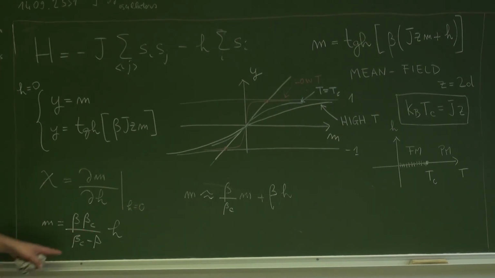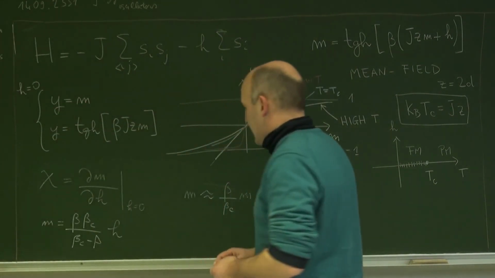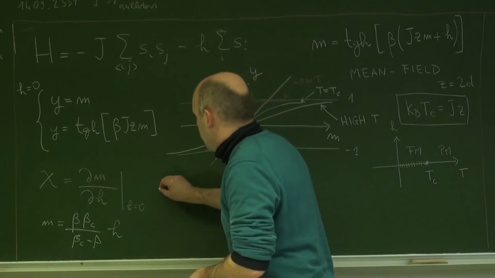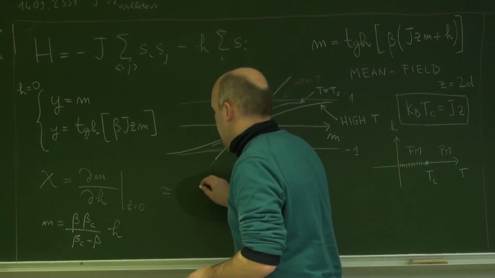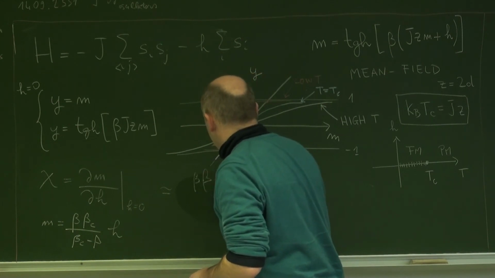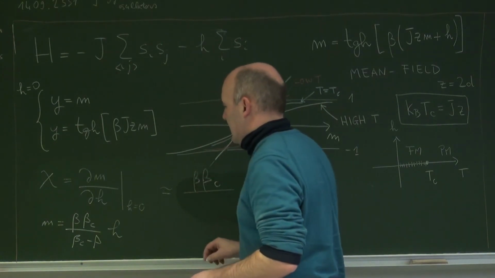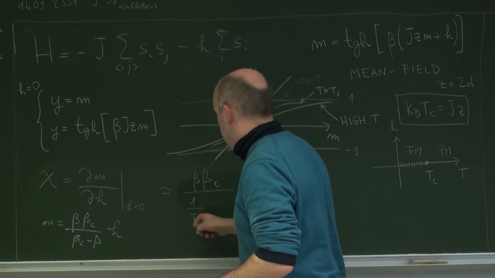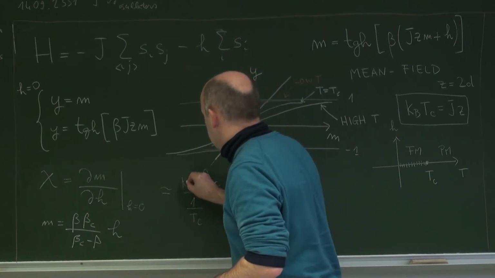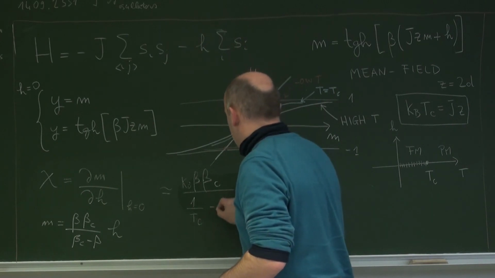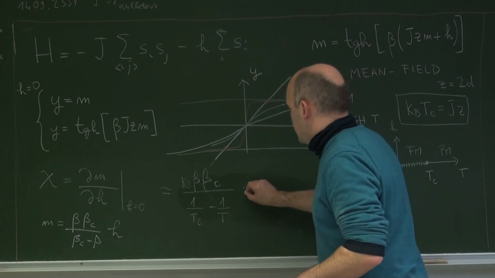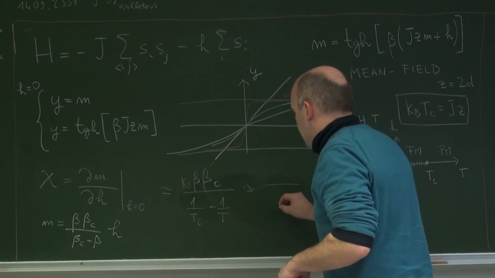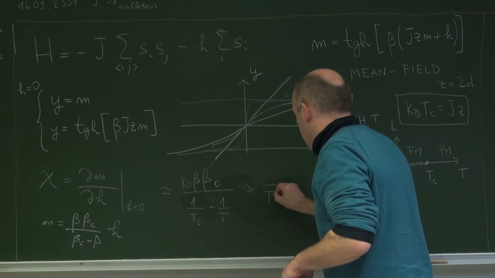Let me write it here, which is clearer. You see that chi is equal to beta times beta c, and beta c is 1 over Tc, and so I can multiply the Kb on this side, giving 1 over Tc minus 1 over T, which to lowest order is some constant divided by T minus Tc.